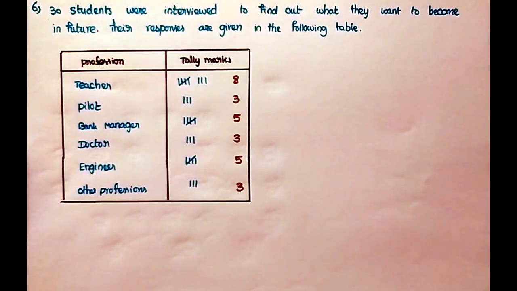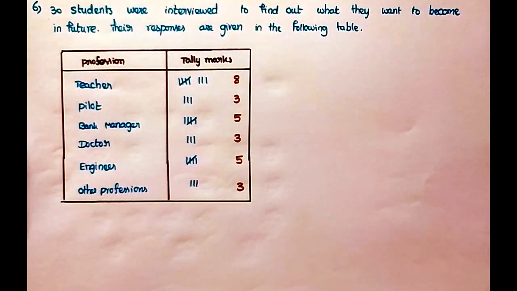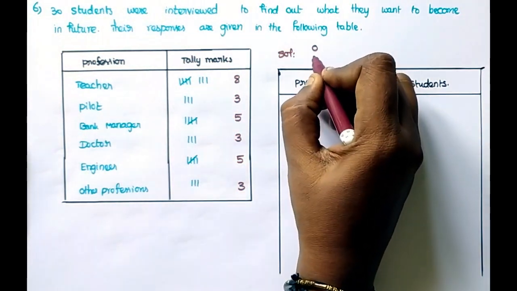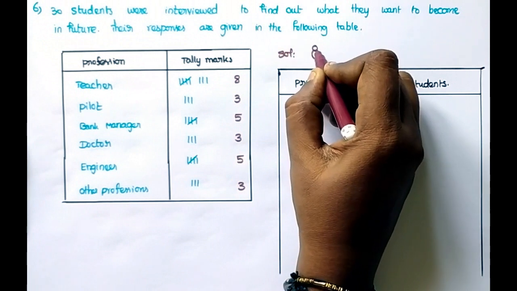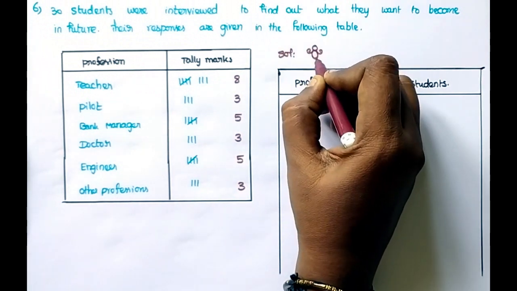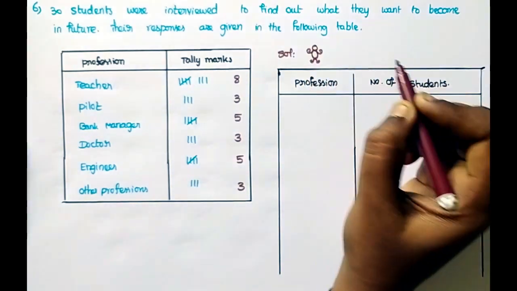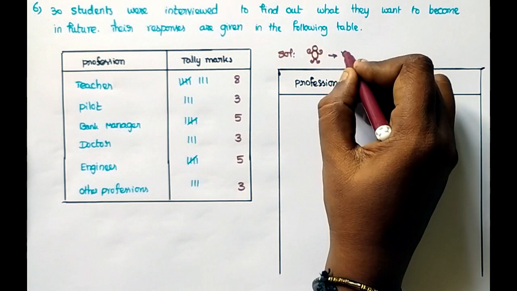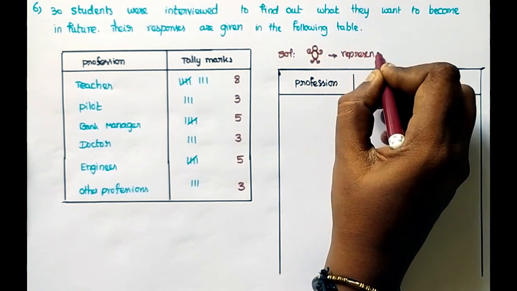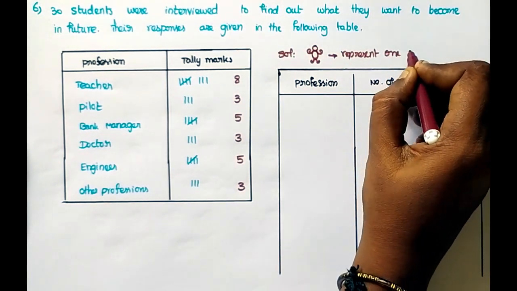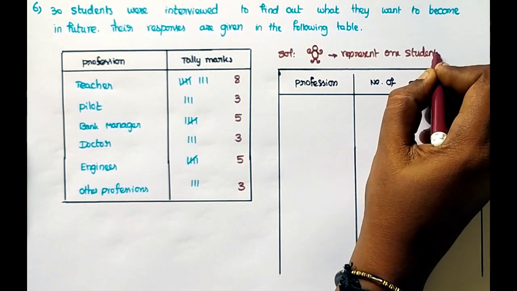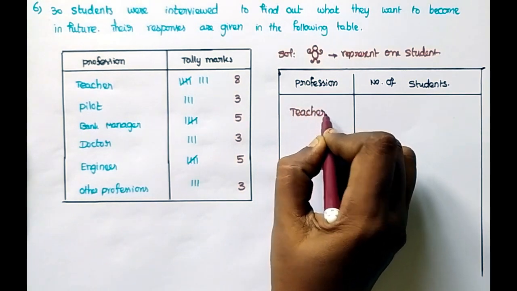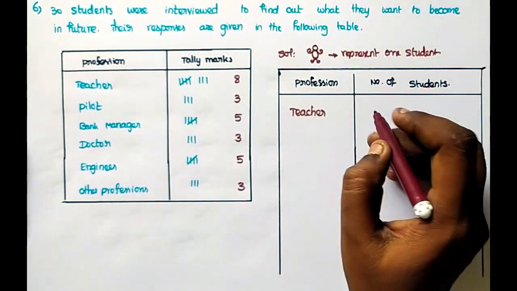Now we want to draw the pictograph for this data. Here one picture represents one student. First profession, teacher. How many students? 8.